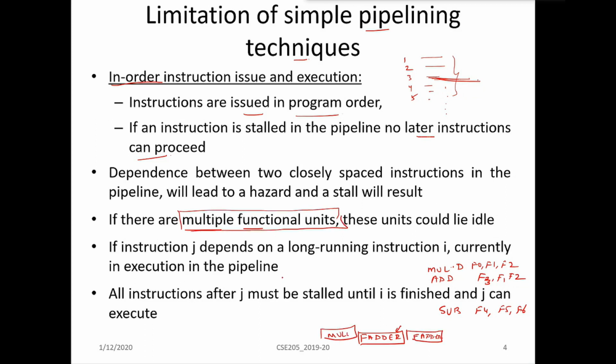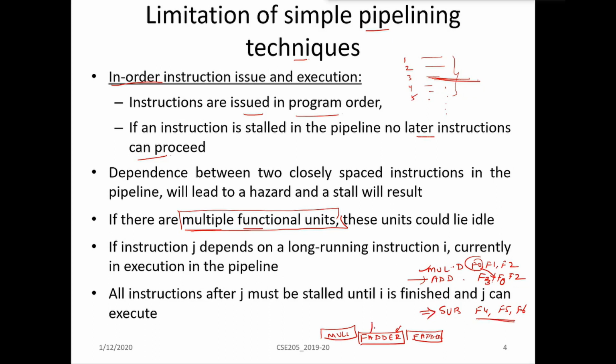If your execution is in program order, then looking at these instructions, the output of the multiply is depended upon by the add. So it has to wait, and thereby a stall will be there until it executes. But when you look at the subtract instruction, is there any dependence on the previous instructions?